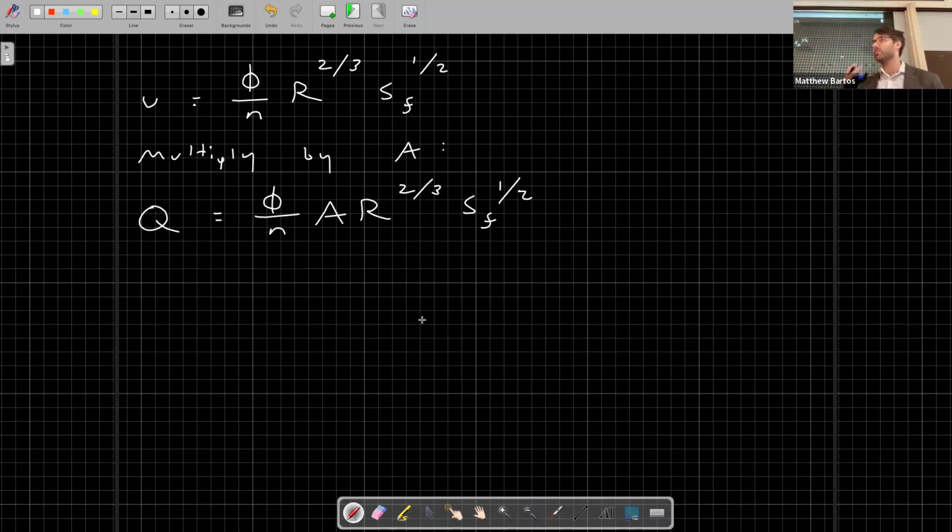So we've looked at this equation before for pipe flow. How can we simplify this equation further for the case of uniform flow? Simplify it in terms of quantities we may be able to know or measure.